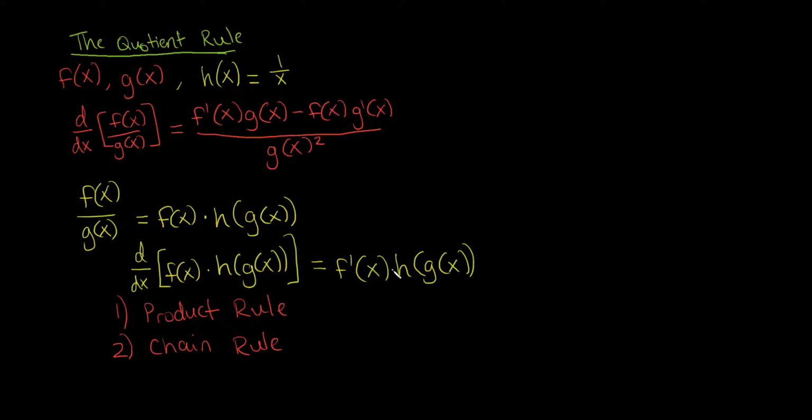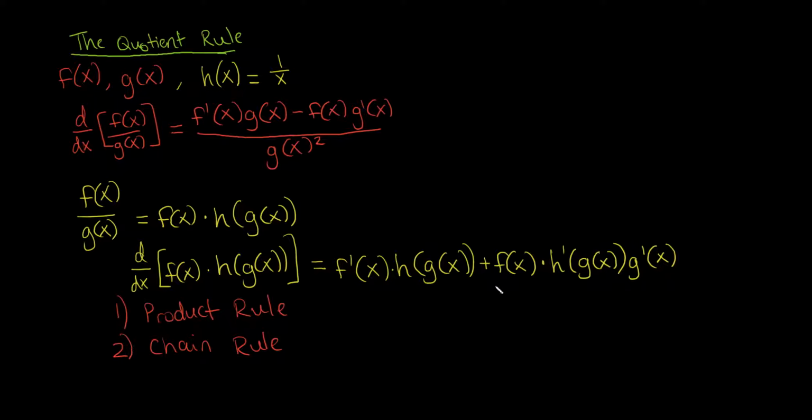And now we're going to add on f of x times the derivative of h of g of x, which, if we remember using the chain rule, is h prime of g of x, how fast h is moving at g of x given a small change in g of x, times how much of a change g of x is going to give you. This is the derivative of h of g of x.